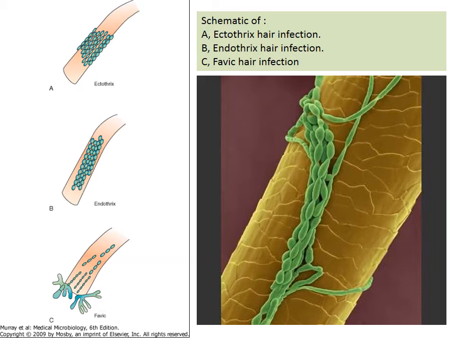So you can see the topmost, which is ectothrix, is like surrounding it, and then there's endothrix, which is inside it, and then you have a favic one that's growing at the base of the hair. So you may be losing your hair, or thinning of hair, or discoloration of hair, or breakage of hair, because your hair may have a fungal infection.